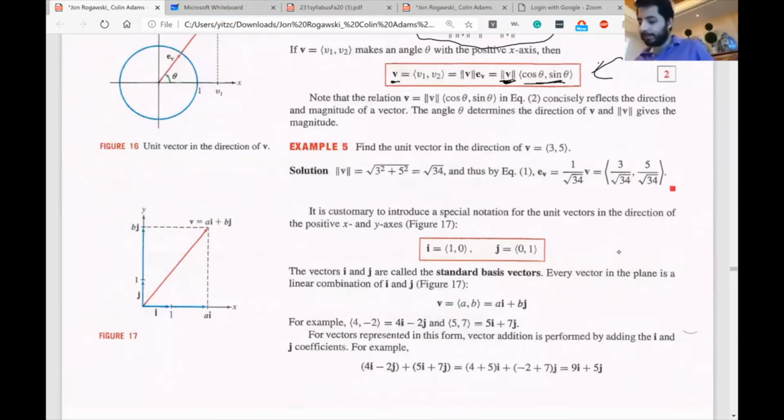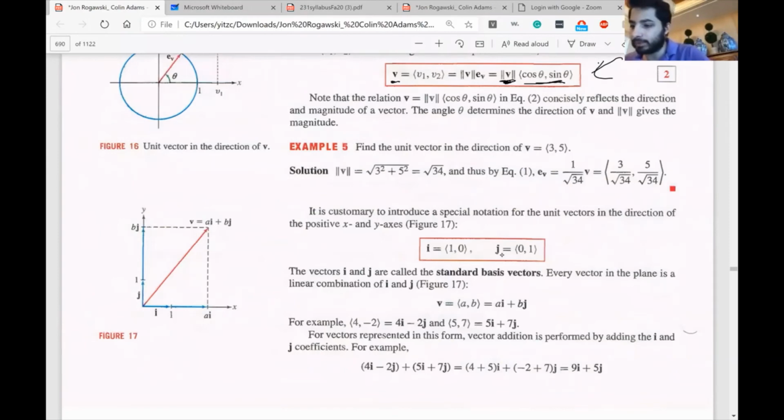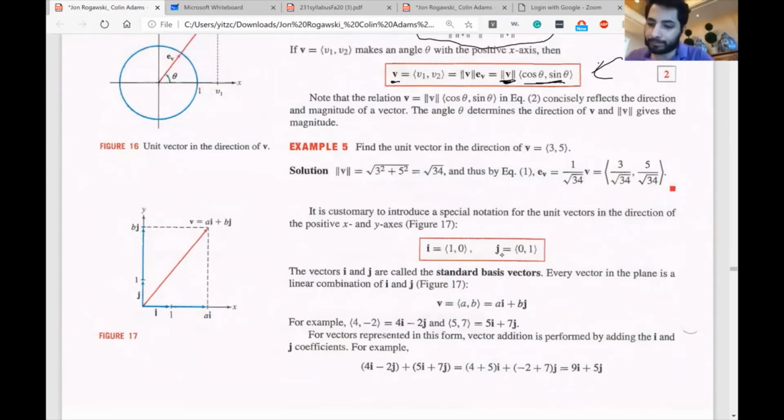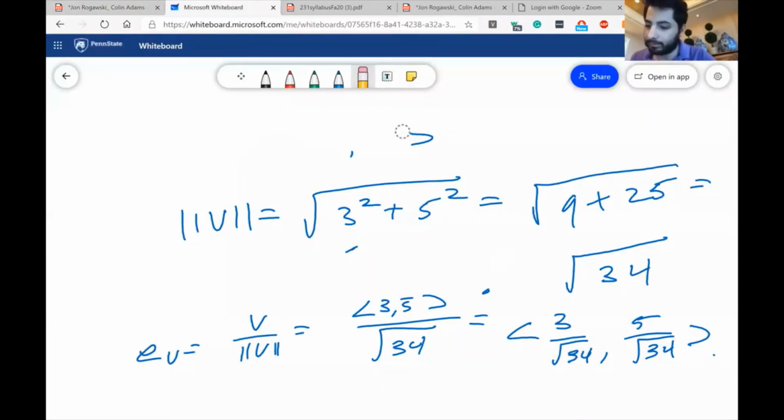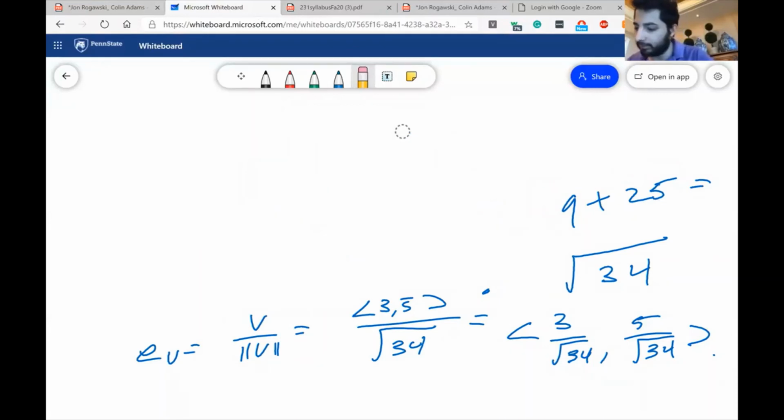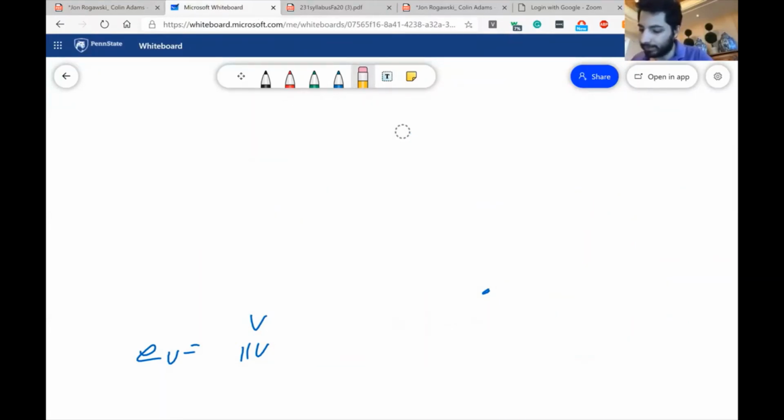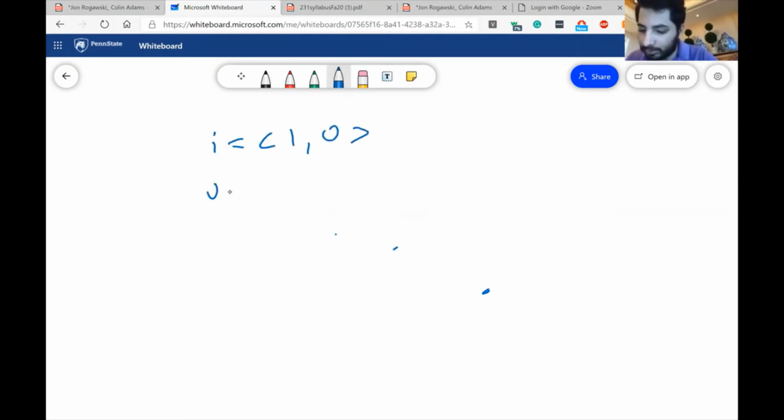So now they're showing us that there is another way to express how to write vectors, and that's with i's and with j's. So in general, if you are in 2 dimensions, you can take I to be equal to the vector 1, 0, and j to be equal to the vector 0, 1.